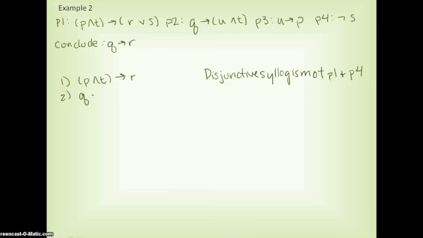Secondly, we use Q implies U and T to get Q implies U and Q implies T, which is a conjunction of proposition 2.